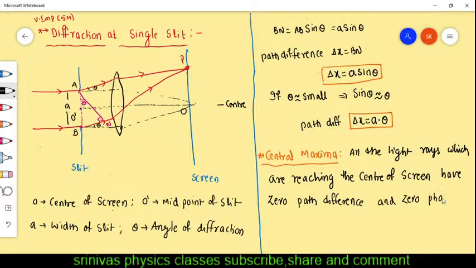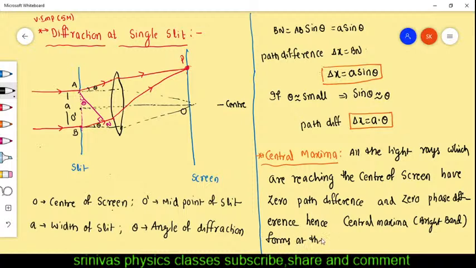We know the relation between the path difference and phase difference also. Having zero path difference and zero phase difference, hence the central maxima, the bright band, forms at the center of the screen.